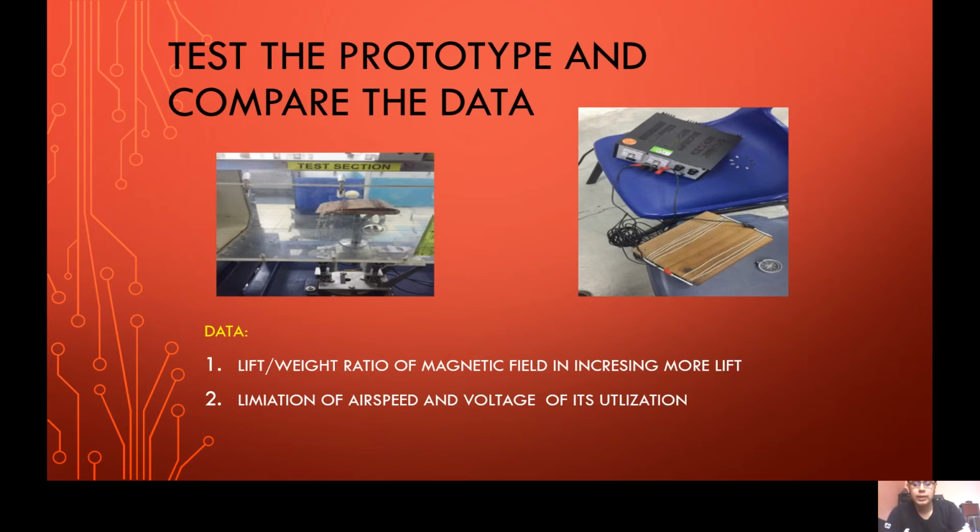For data, I will study the lift and the weight ratio of the magnetic field in increasing more lift. I will also study the limitation of the speed and the voltage of its utilization.